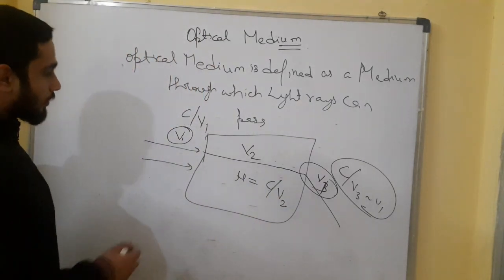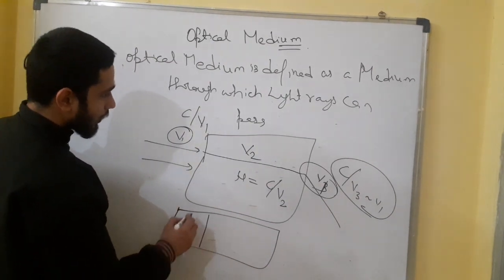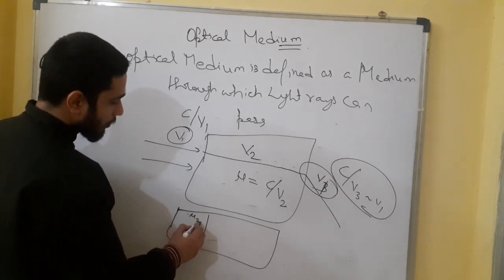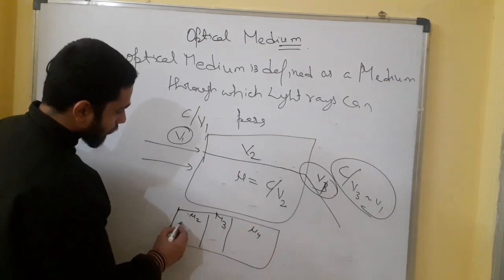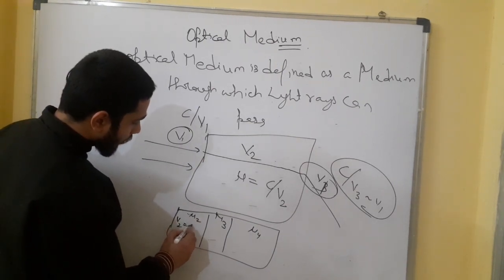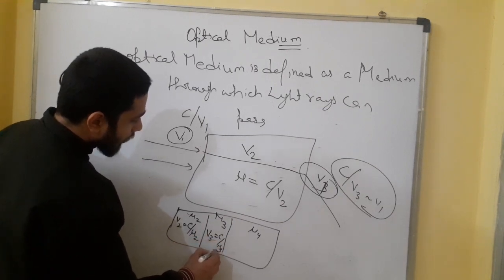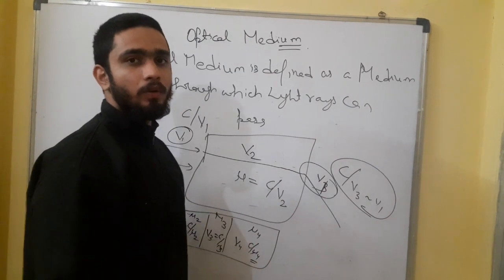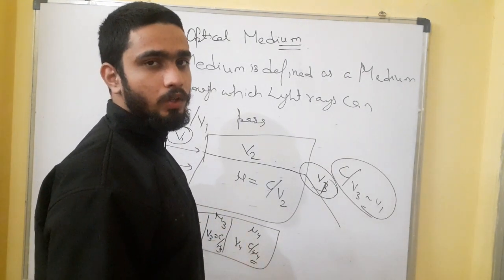Suppose that here the refractive index is mu2, here it is mu3, here it is mu4. So the value of v2 will be equal to c by mu2, v3 is equal to c by mu3, and v4 is equal to c by mu4. So if different optical mediums are given, we can find the velocity in them like this.